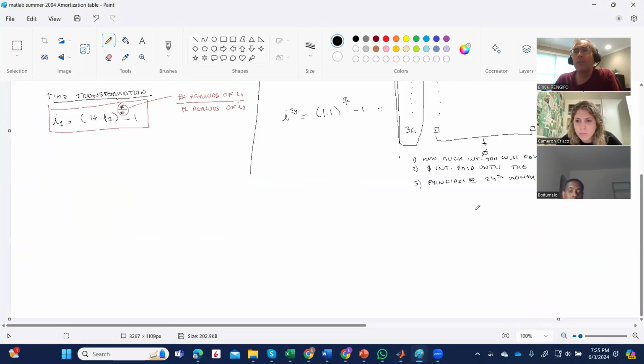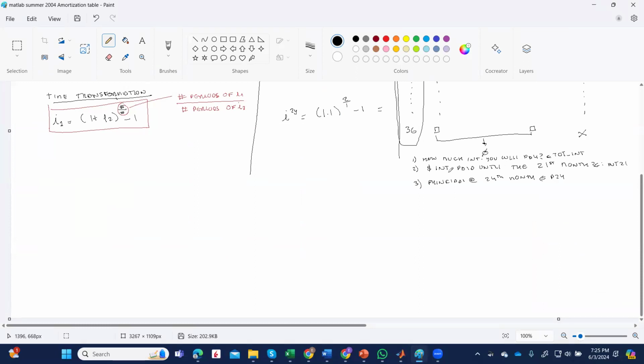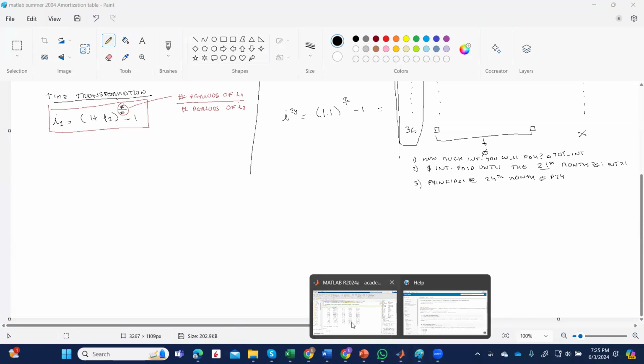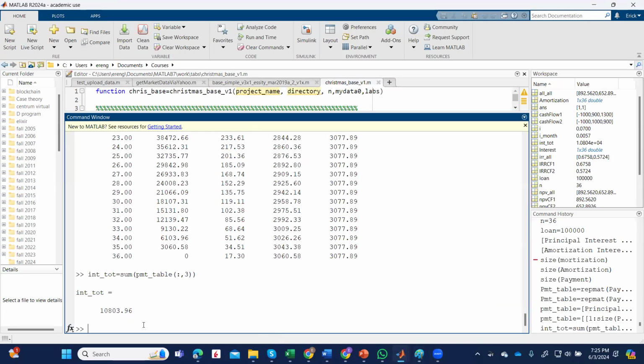So now the second question is, I want to know the interest until period 21st. Okay, so this is a partial interest. So I call it int21. And this is going to be very similar to this one here, right, guys? The only thing that I need to change is this one: 1 to 21.